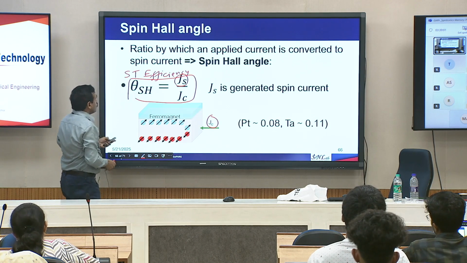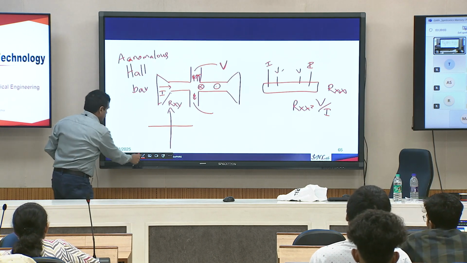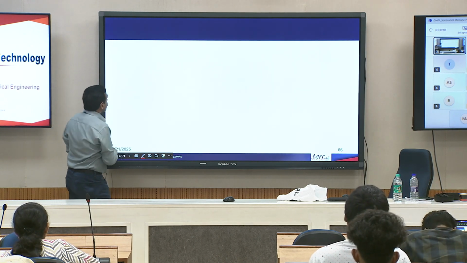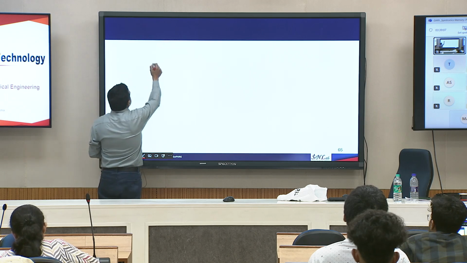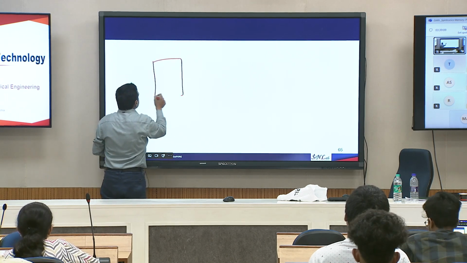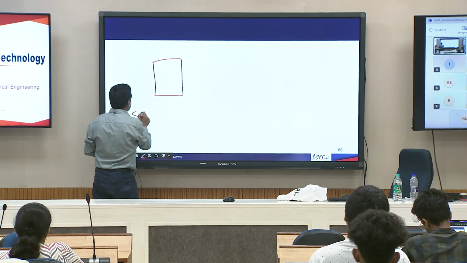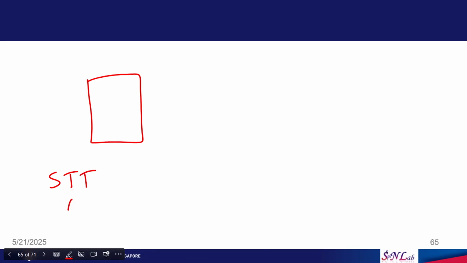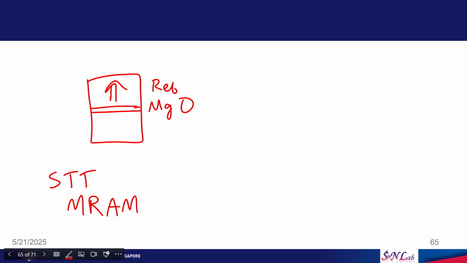For that, let me go back to the empty screen. So, in the case of STT MRAM, you have a magnesium oxide layer, then you have a reference layer, and you have a free layer.